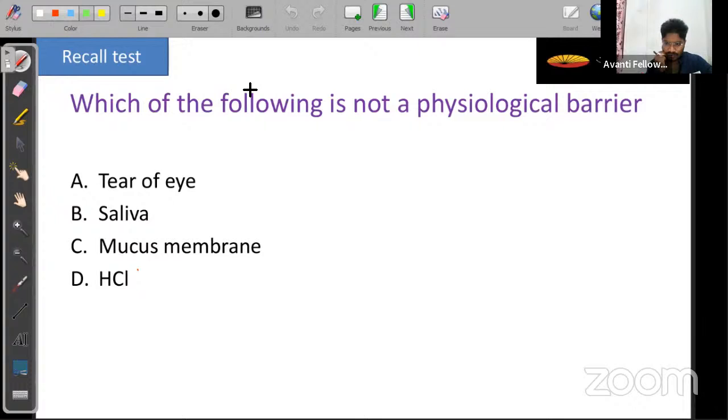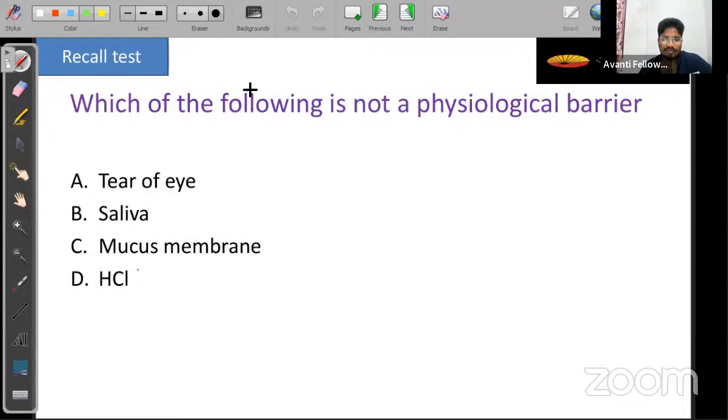What about the remaining people? I want the rest of the people to answer the question. Last 10 seconds remaining. I'm going to end the poll now.